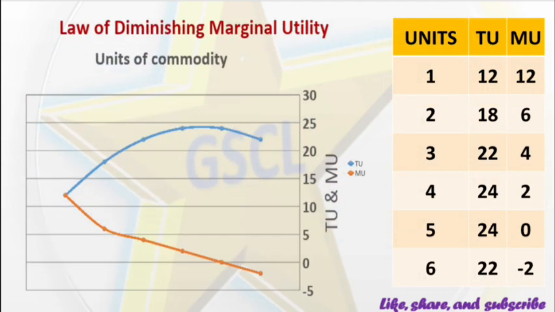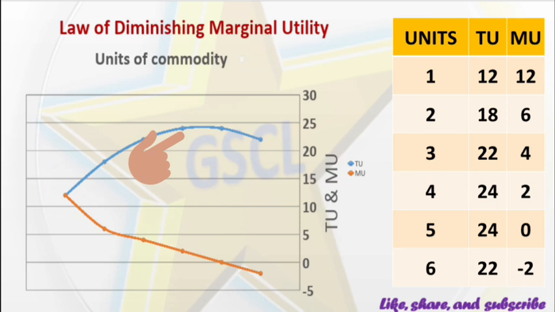The graph over here represents the law of diminishing marginal utility. The starting point is the same for both total utility and marginal utility. While MU decreases, the orange curve, the total utility increases till the point at which the marginal utility is 0.